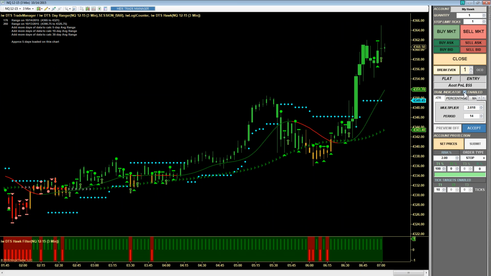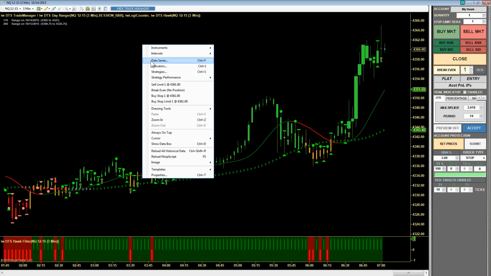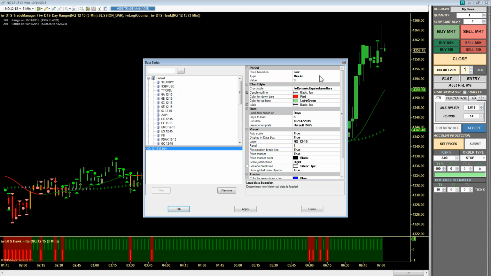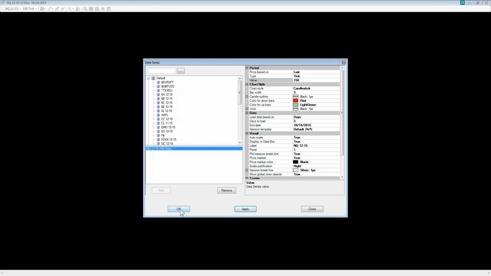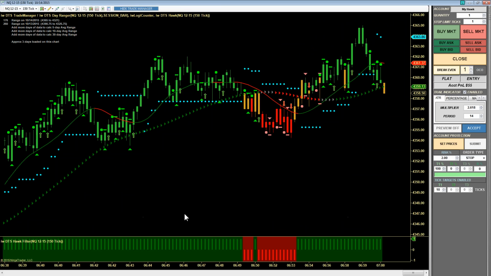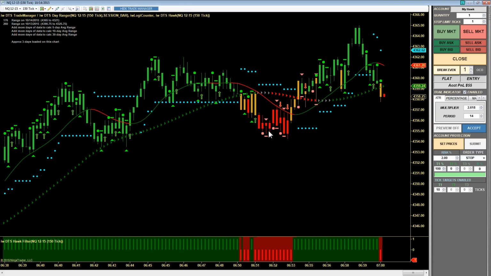You can still generate signals, right? It still will produce signals. And same thing if I went with a tick chart. Let's go with 150, whatever. See, the system will still produce signals.